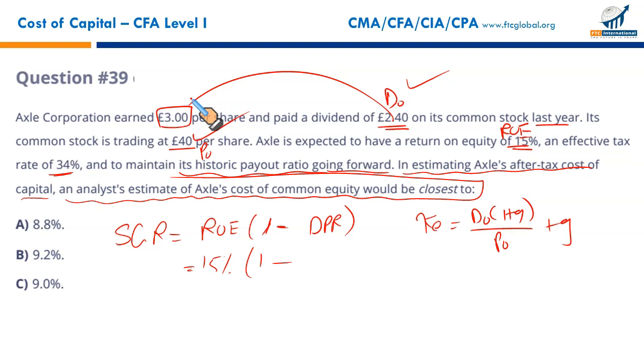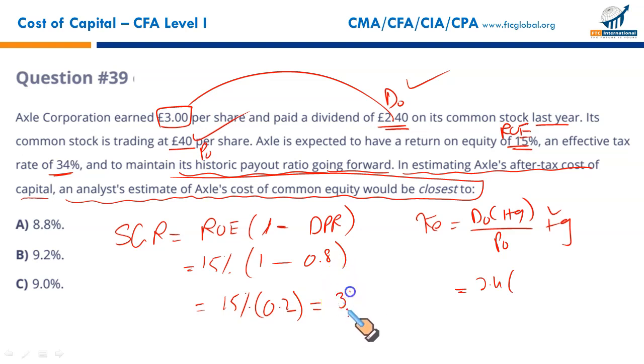That is 80%. Payout ratio has been 80%. Most of the earnings have been given out as dividends, so the retention ratio is 20%. ROE times retention ratio: 15 times 0.2 is 3%. This is the growth rate.